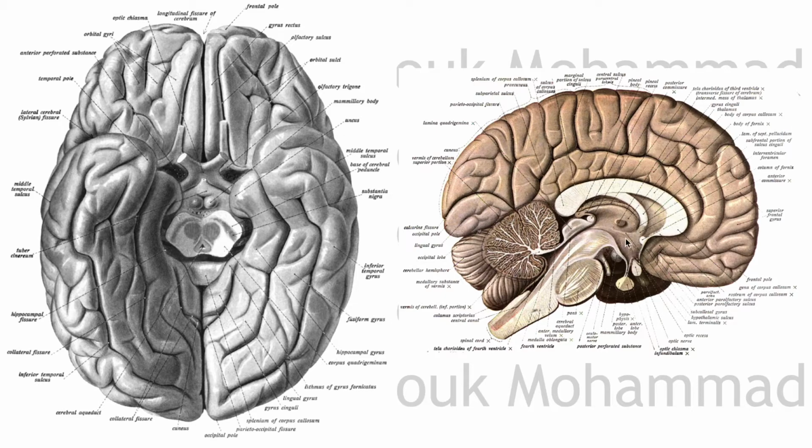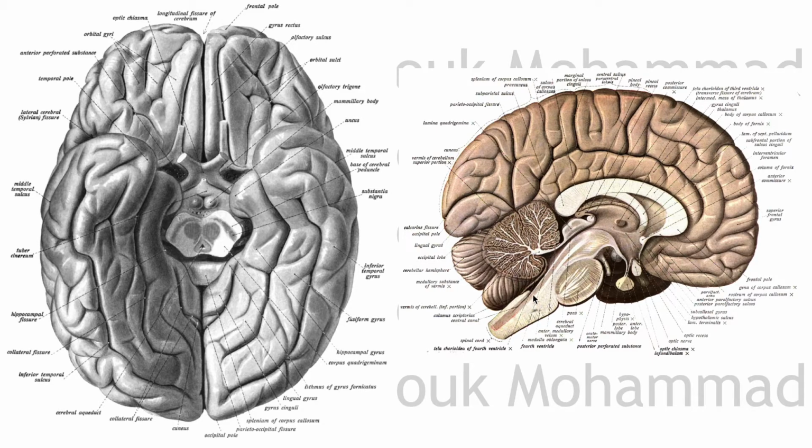This is the diencephalon, this is the pineal gland. This is the hypothalamus here and pituitary gland. This is the cut section of the midbrain with a central aqueduct of Sylvius in it. And this is the fourth ventricle, the pons, and the medulla oblongata.